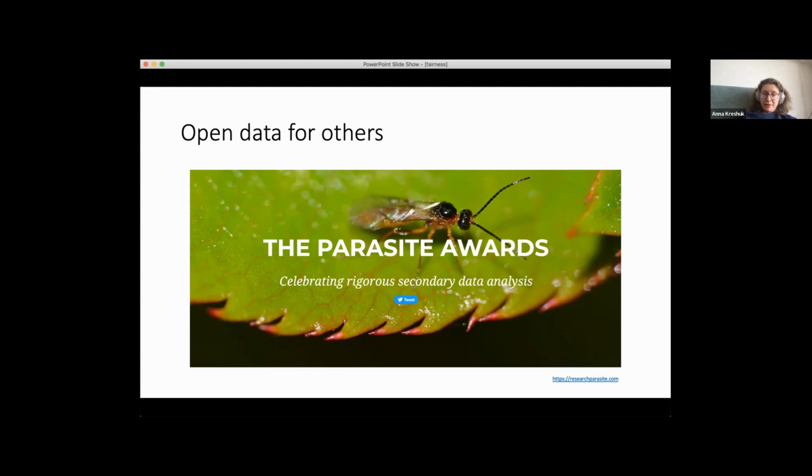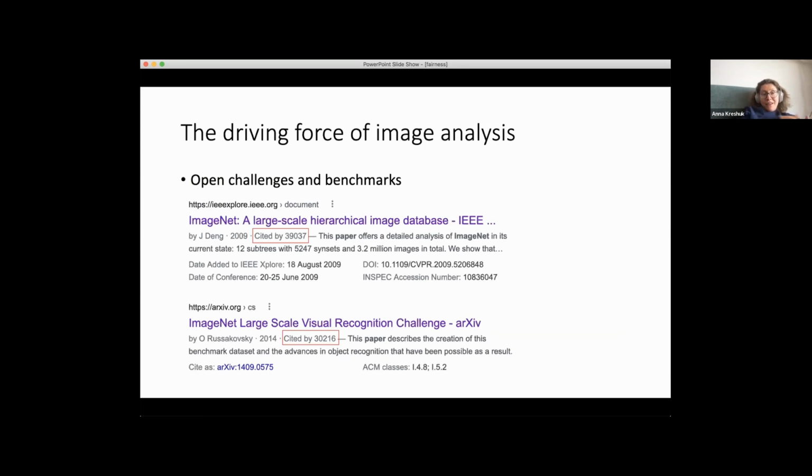At the same time, for our community to grow and to produce reliable work, it's also very important that these open science guidelines are absorbed in our community as well. Here, I want to go back to the topic that we are studying, microscopy image analysis. For image analysis, or the whole domain called computer vision, the real driving force of progress are the open challenges and benchmarks.